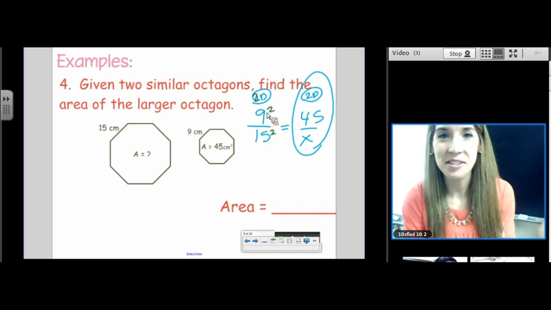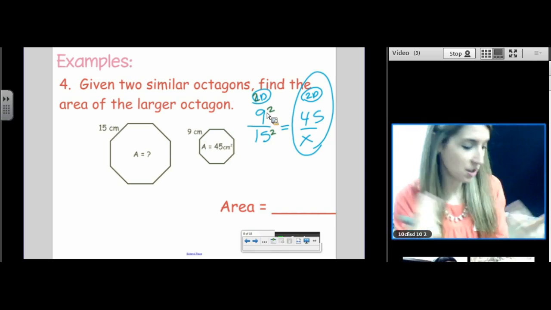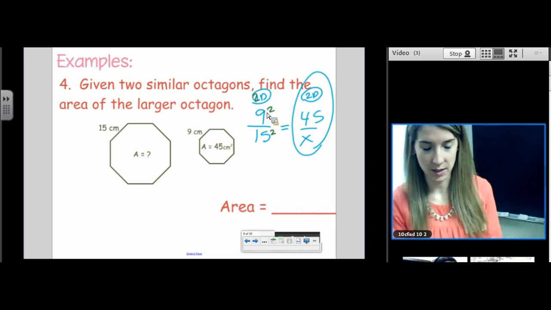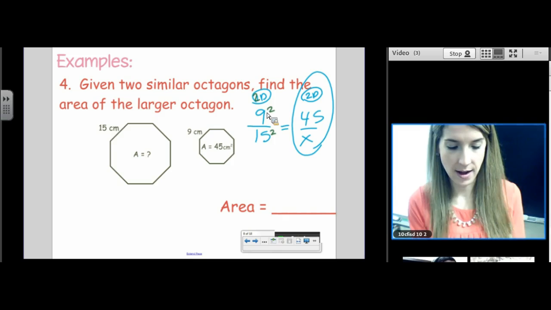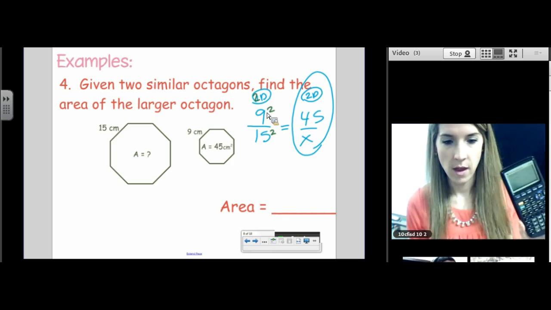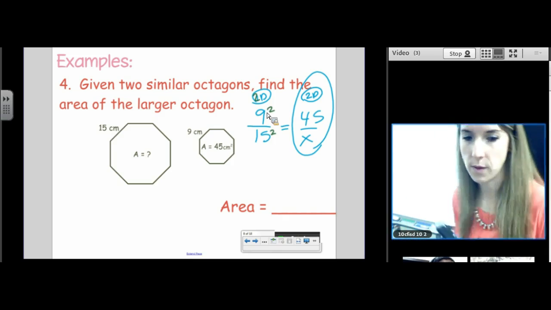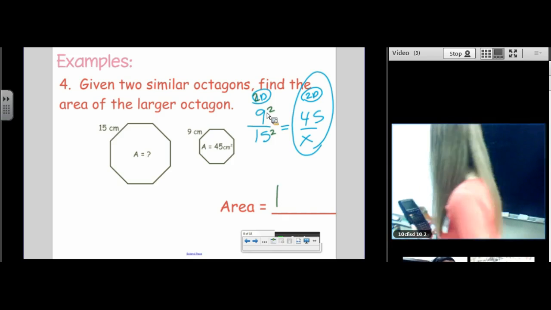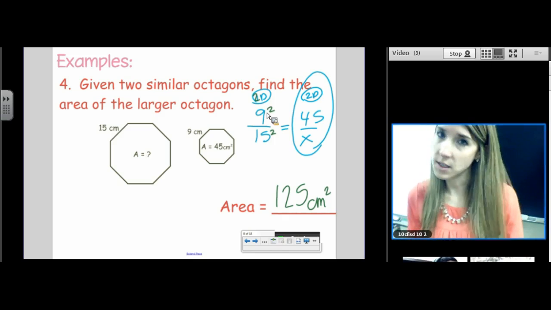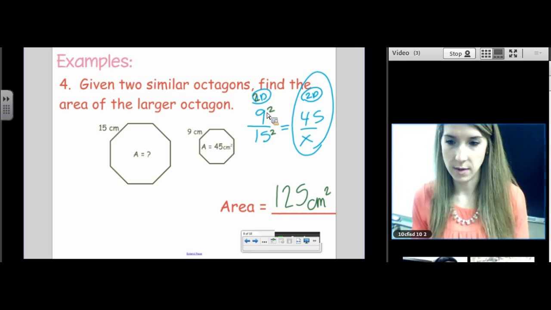Now everything is 2D, and now you can do your happy cross multiplication. 15 squared times 45, divided by 9 squared. Final answer, 125 centimeters squared. So you're not allowed to cross multiply until you're in the correct dimensions.